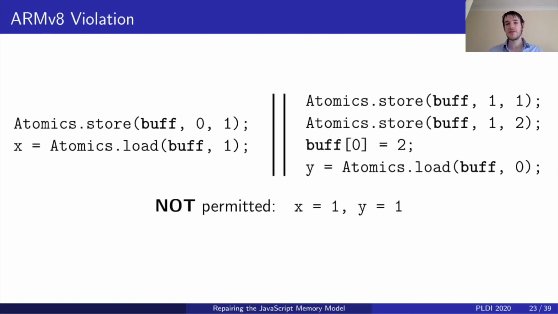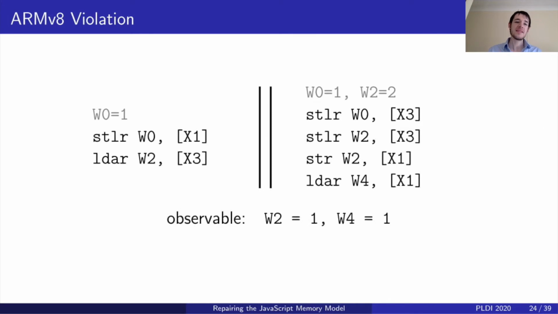So here's the counterexample program in JavaScript, and we're going to look more precisely at it later on, but the important high-level point here is that the model does not permit the program to end with the result x equals 1, y equals 1. So here's the same program, but compiled to ARMv8.